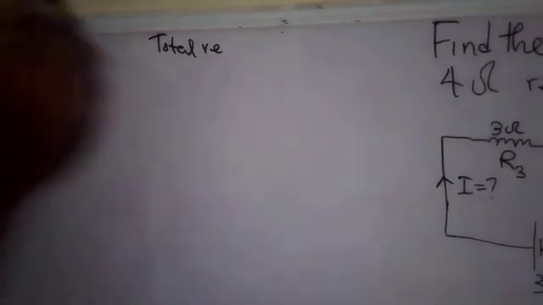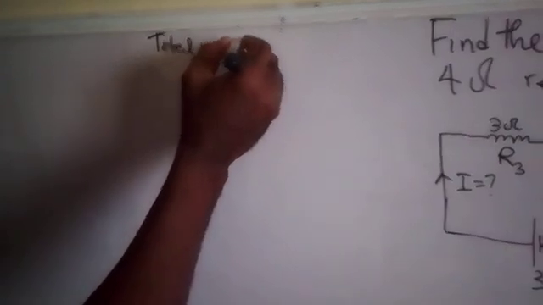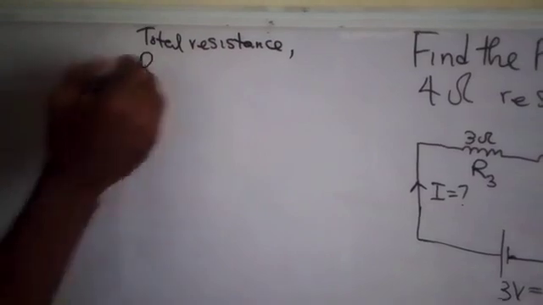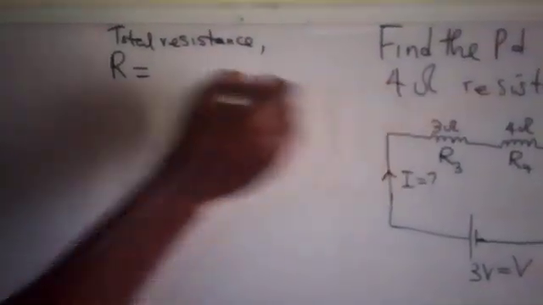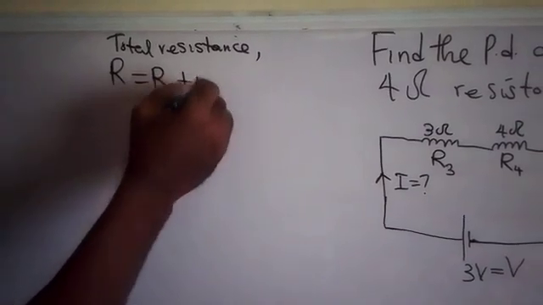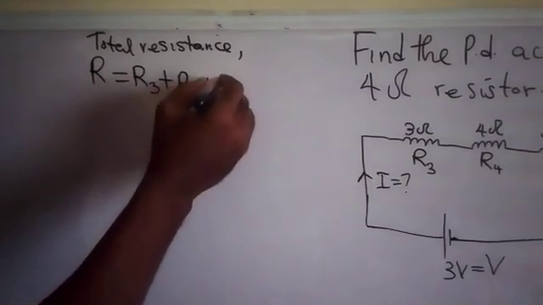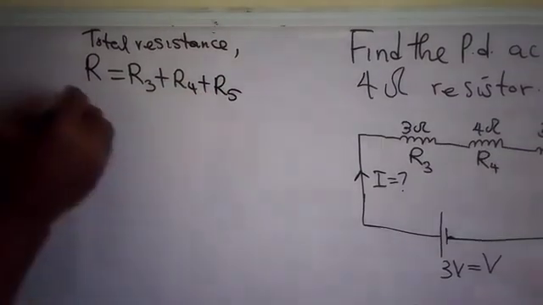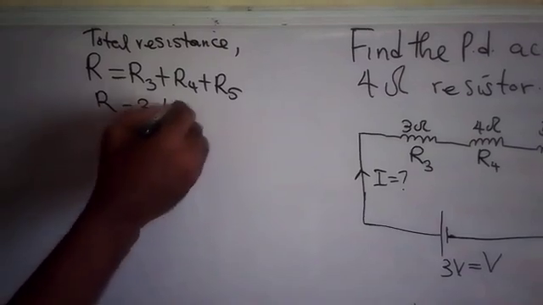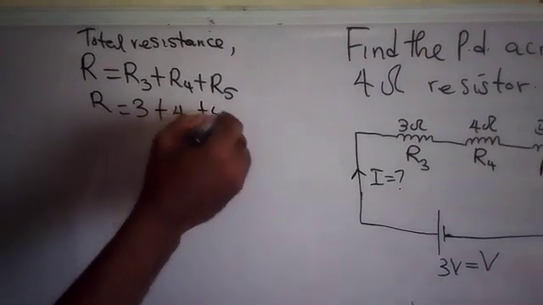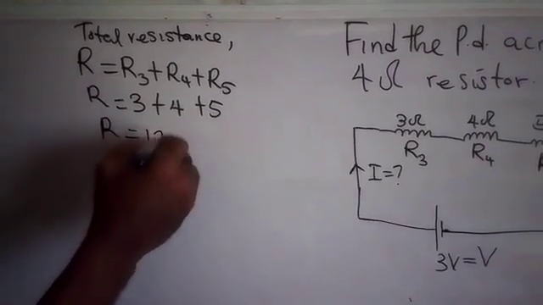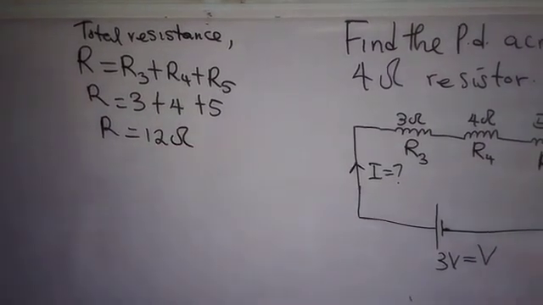I'm going to use capital R to show the total. Since they are in series, we simply add the first one R3, the second one R4, the third one R5. So the total resistance is 3 ohms plus 4 ohms plus 5 ohms, which is 12 ohms.